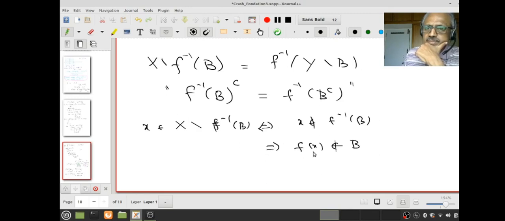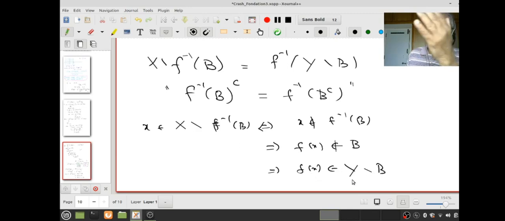So I start with an x here. I want to prove x is here. To prove x is here, this is the same as saying f(x) belongs to Y minus B. Why must f(x) be in Y? Because f is a function from X to Y, therefore it must always be an element of Y. It's not in B, that's what I'm writing. This means x belongs to f inverse of Y minus B, Y complement B. Do you understand this?